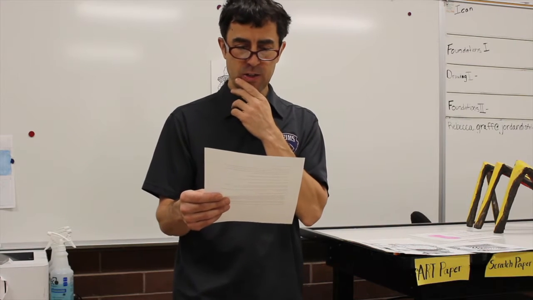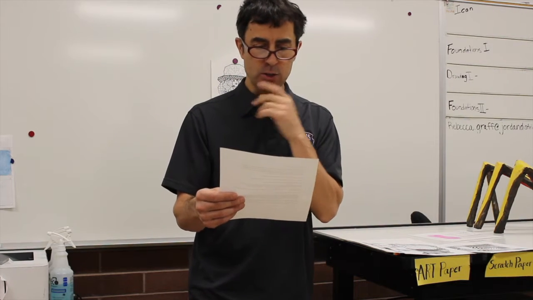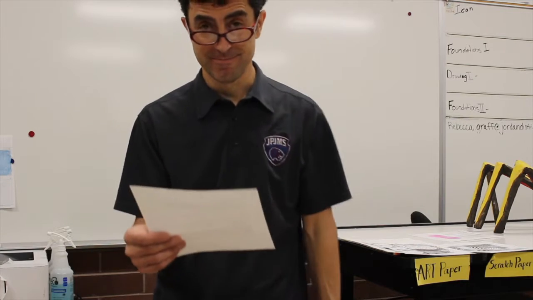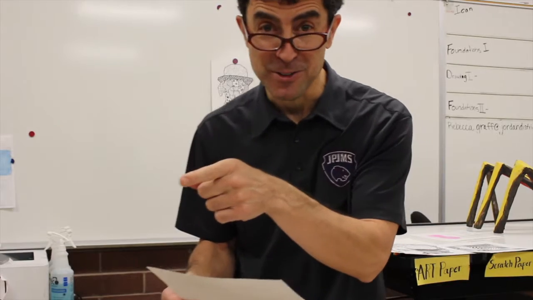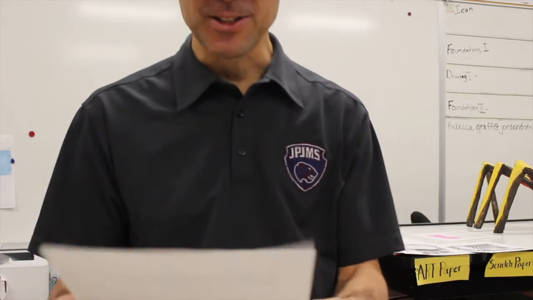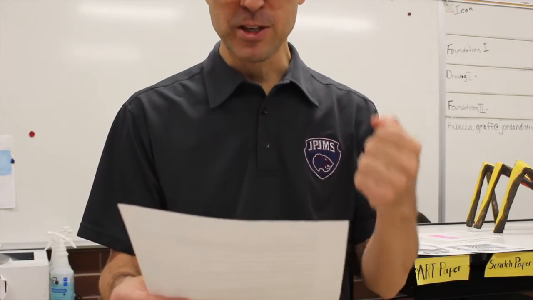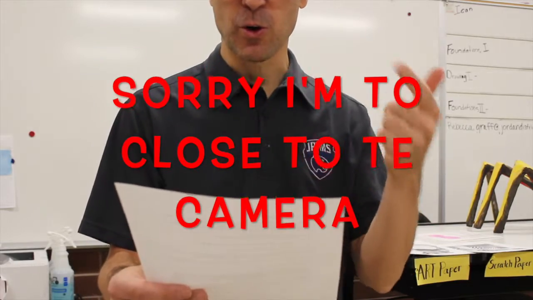Draw texture. Texture is visual, we talked about that. So how many textures can you think of? Alright, here's a list of them. Quite a few. What does a brick feel like? Or a stone? Or grainy wood? Tree bark, that's rough, huh?